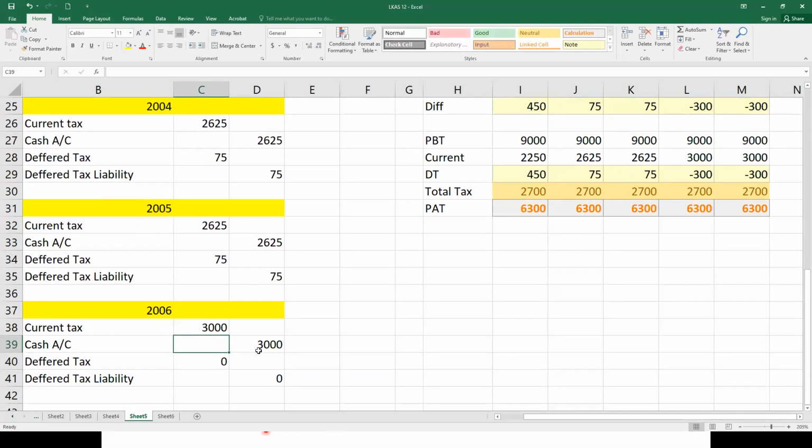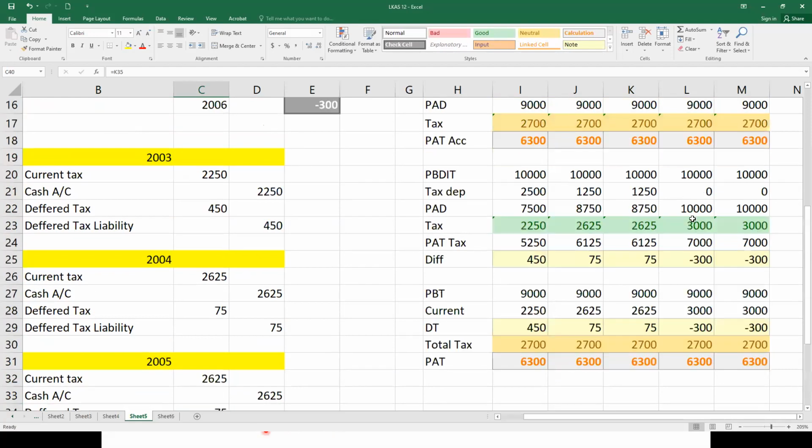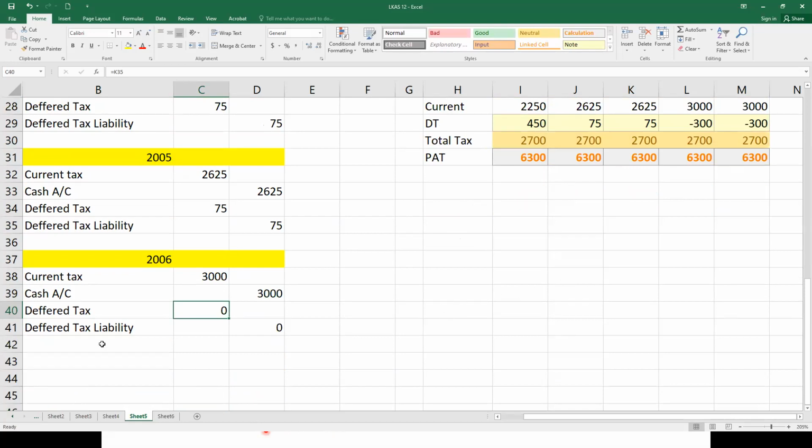Cash payable 3,000, and deferred tax how much? Here minus 300. Minus 300 means what? The deferred tax liability account should be 300, isn't it?